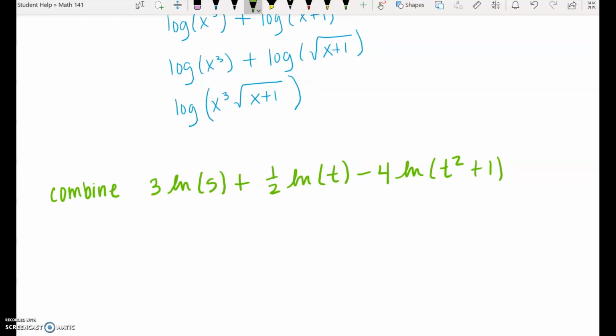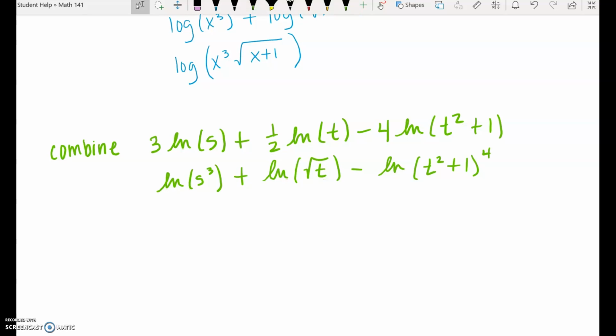So the 3 will be an exponent, s cubed. The 1/2 will be a square root. And then the 4 will come up as an exponent. The two items that are multiplied stay in the numerator of a fraction.